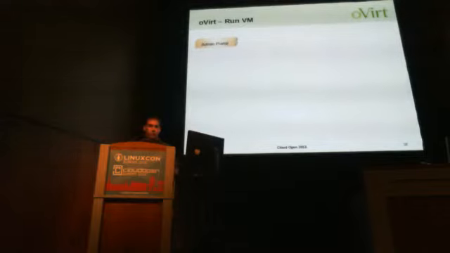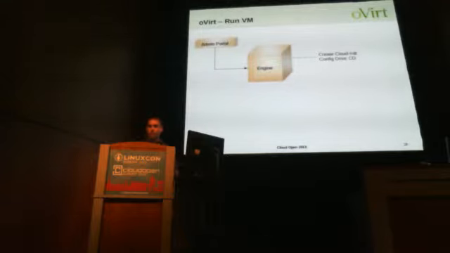Okay, so how does this work? The user asks to run the VM and fills out all the information that he likes in the screen. The engine first creates this Cloud-Init config drive. So we have to create the drive in a way that Cloud-Init knows to read and look for.